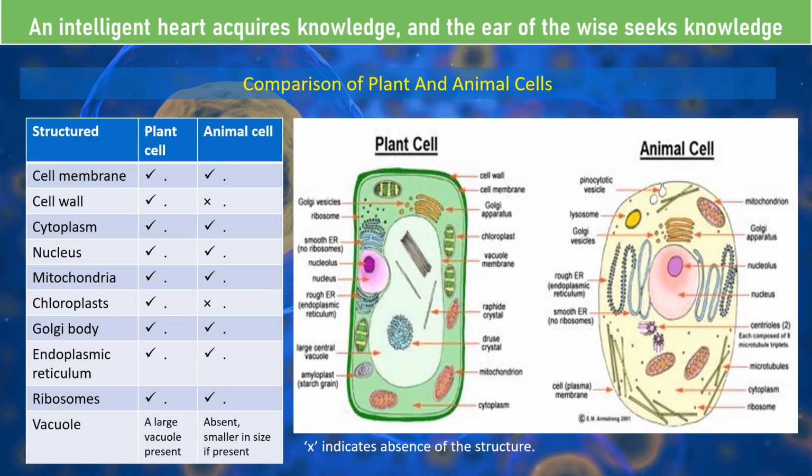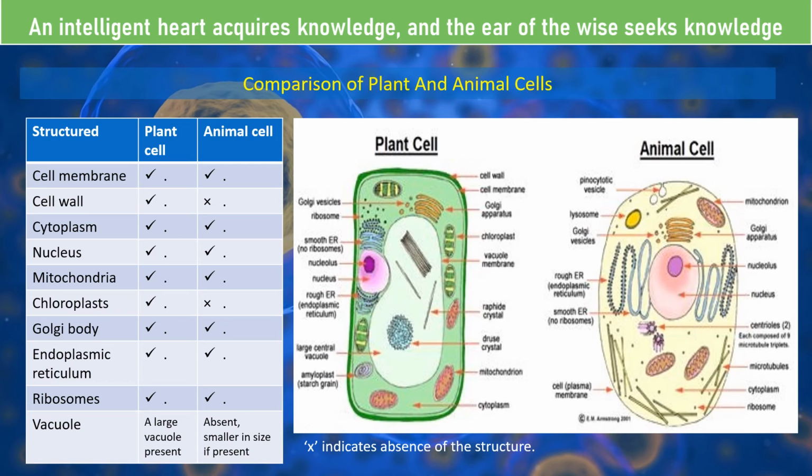So here is your comparison table for your plant cell and animal cell. What kind of things are there in plant cell, what are not there in your plant cell. And this is your question number 4 in your answer in detail, that draw a well-labeled diagram of plant cell and animal cell showing the organelles.